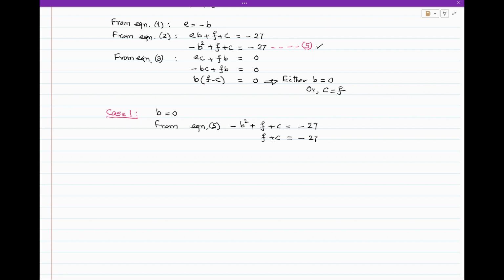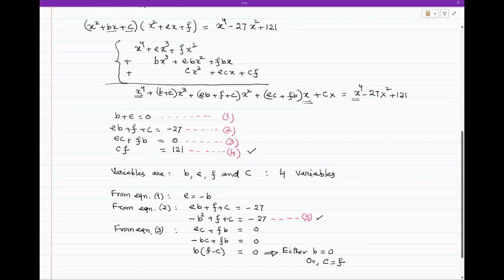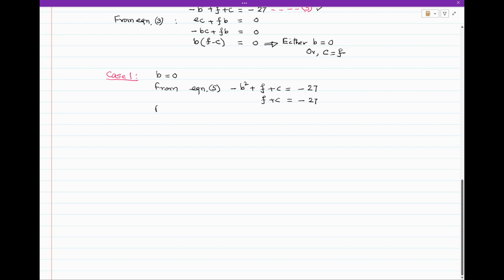And from equation 4, we get CF is equal to 121.